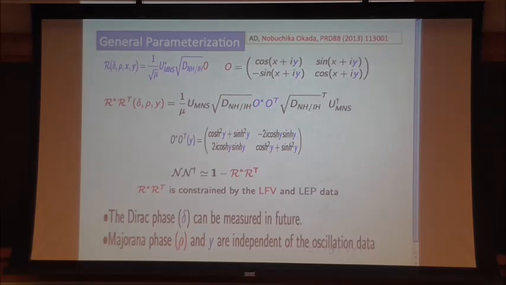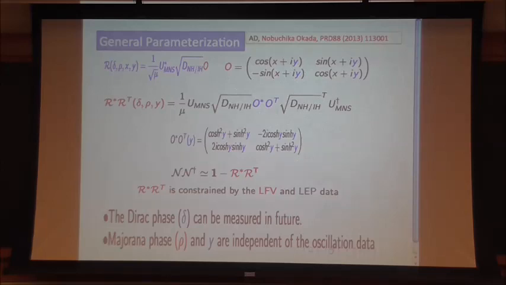So we generalize this matrix with some x and y, and then if you write R star R transpose, that is the mixing square, then the cross section is proportional to the mixing square. And the cross section is independent of x, it is just a function of y, right?